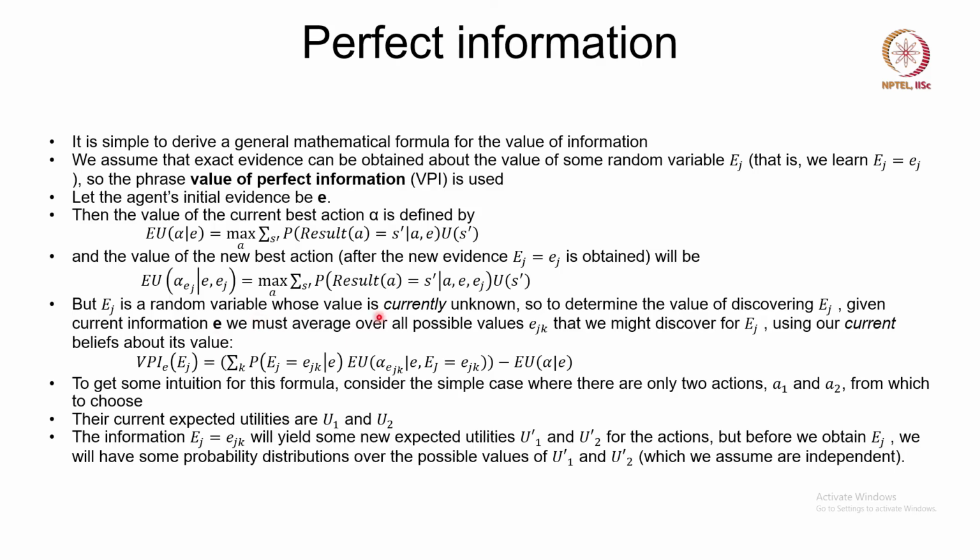So EJ is a random variable whose value is currently unknown. To determine the value of discovering EJ, we use our current belief about its value.